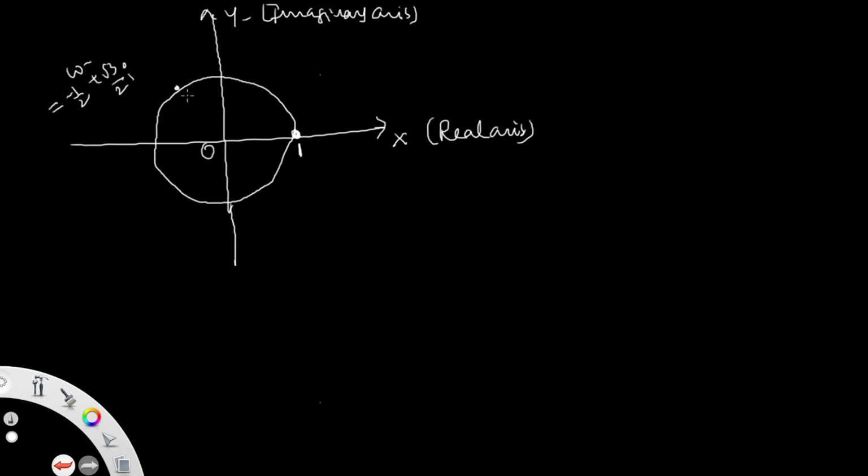What we have written is e to the power of i into 2 pi by 3. The angle, the amplitude, is 2 pi by 3, which means 120 degrees. Suppose I take it like this, that is 120 degrees. This angle is measured in the anti-clockwise direction, as the argument is always measured anti-clockwise. So let the point be omega.